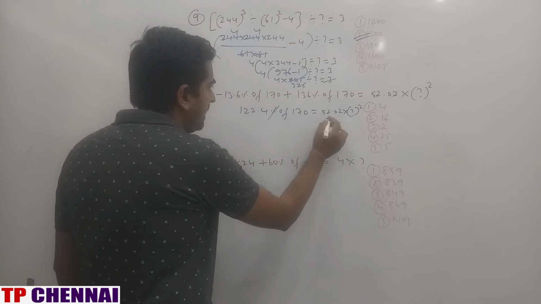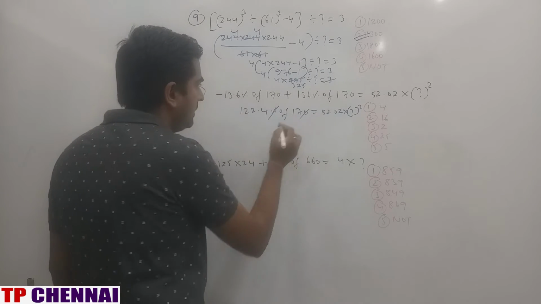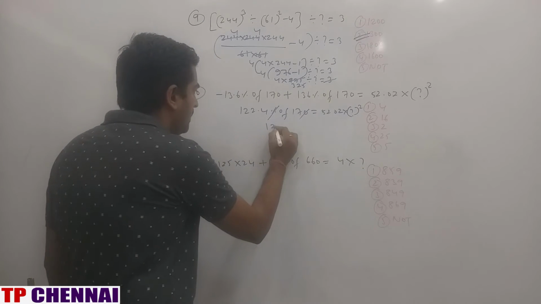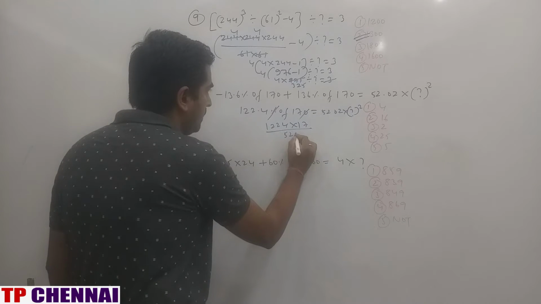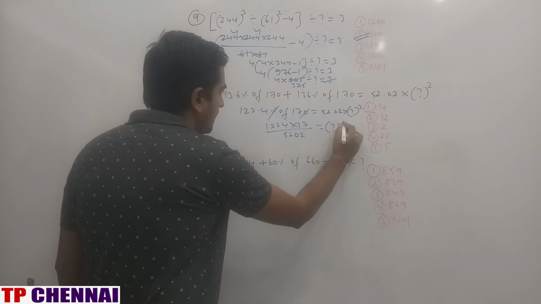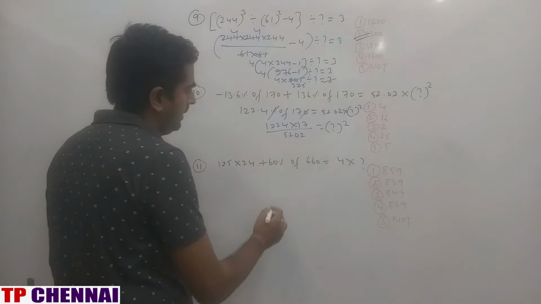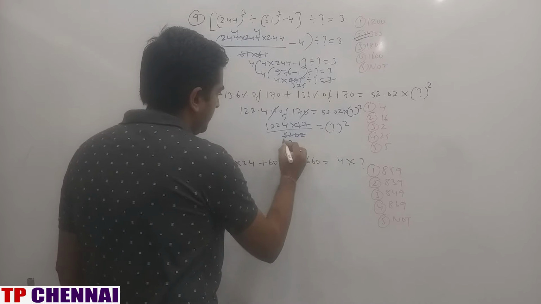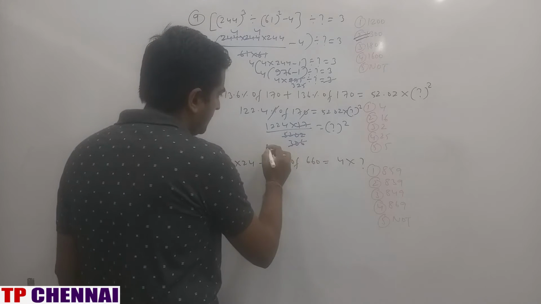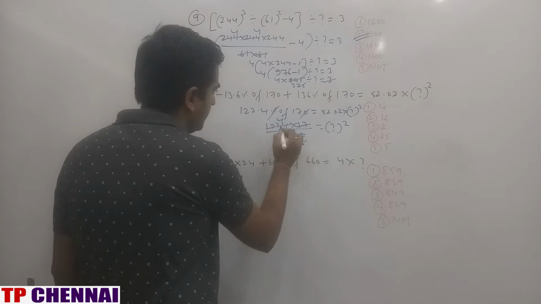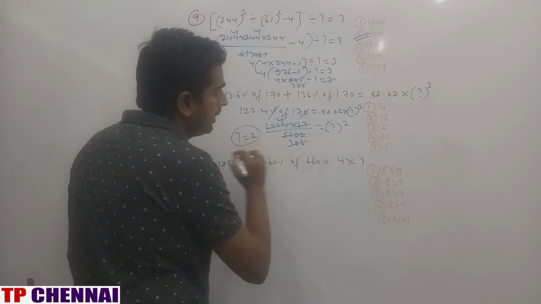So percent and 00 is gone. So decimal is over, and here one decimal is gone and 0 is gone. Right, so 1224 into 17 divided by 5202 is equal to question mark square. Right, 17 3s are 51, 06. This is how many times it will go? 4 times. Question mark square is equal to 4, so question mark is equal to 2, which is nothing but third option.